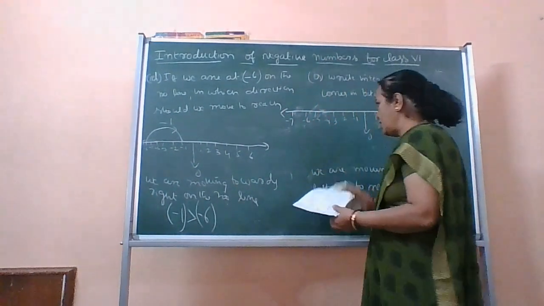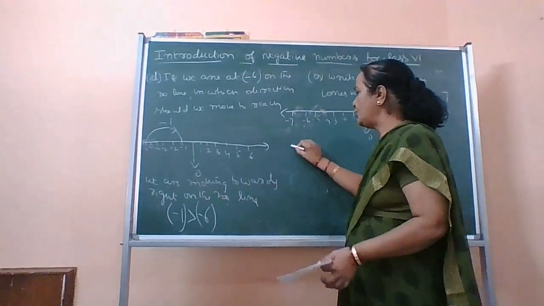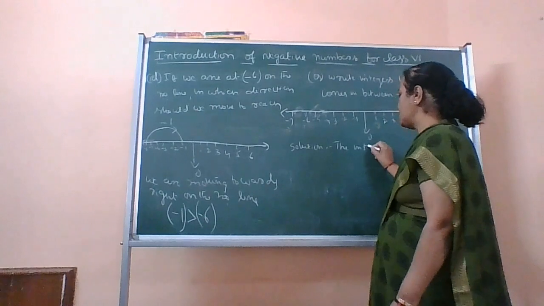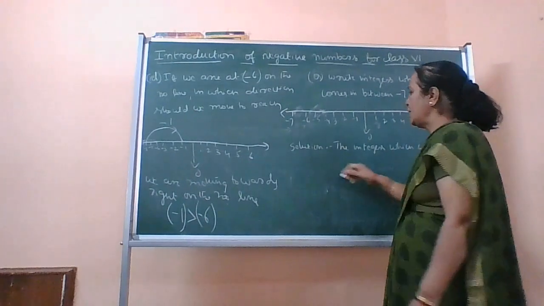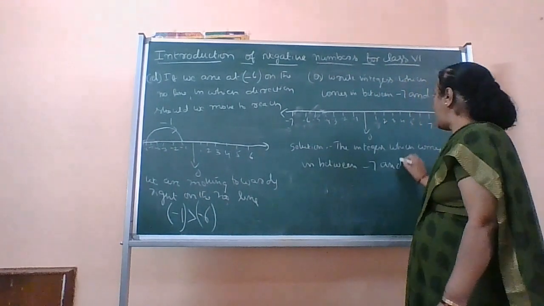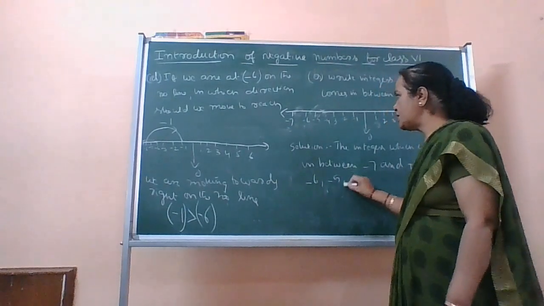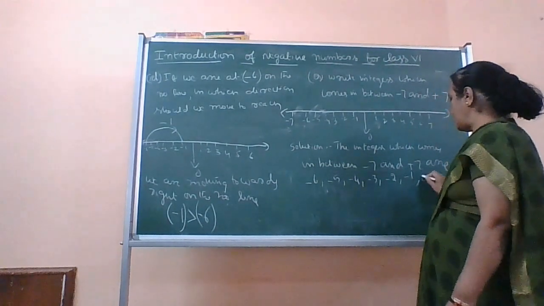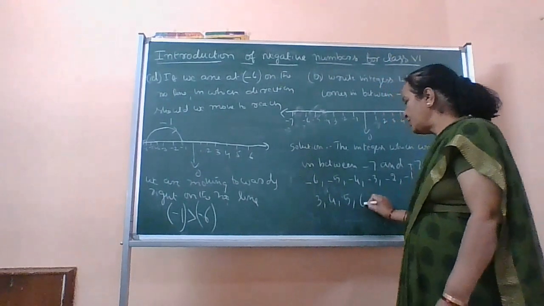minus 7. That means the solution for the integers which come in between minus 7 and plus 7 is minus 6, minus 5, minus 4, minus 3, minus 2, minus 1, 0, 1, 2, 3, 4, 5, 6.